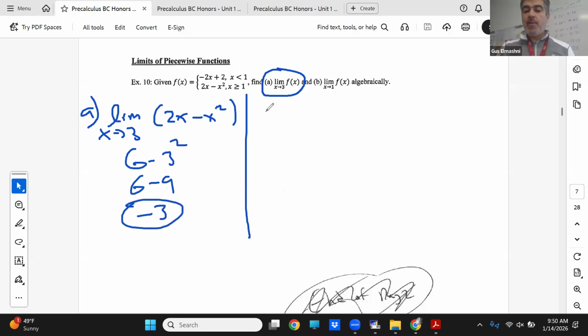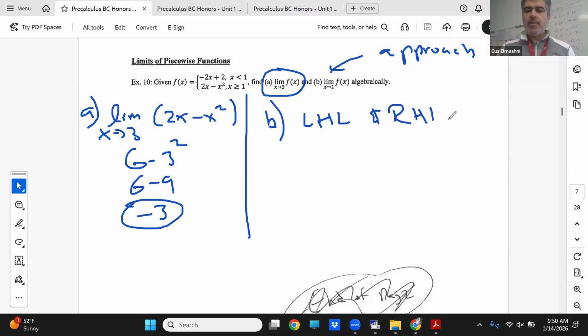Now, part B, however, is a slight issue, because remember, this is all about approach. So we need the LHL and the RHL. We need both.